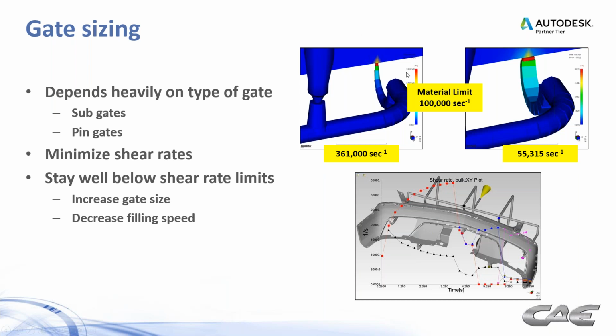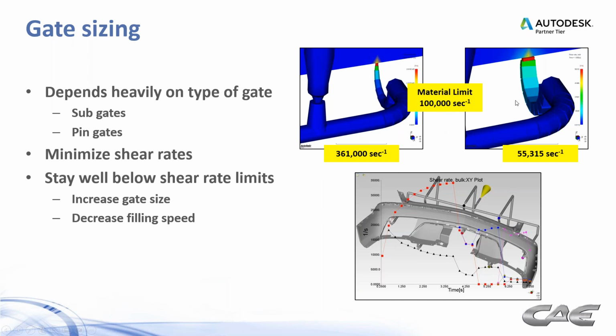But you see what's happening here in these two pictures up top. So with that small, tiny little cashew gate, we have 361,000 reciprocal seconds. That's well above the material limit of 100,000.